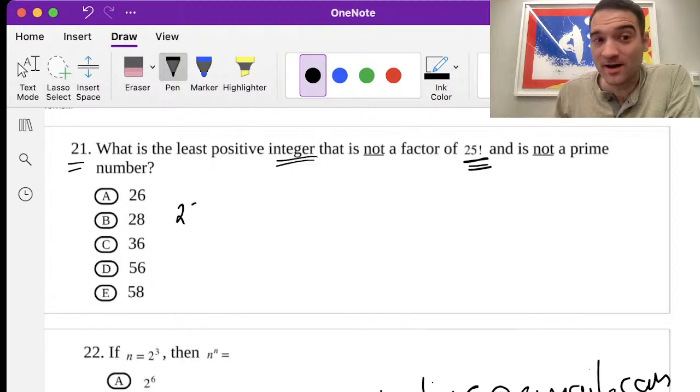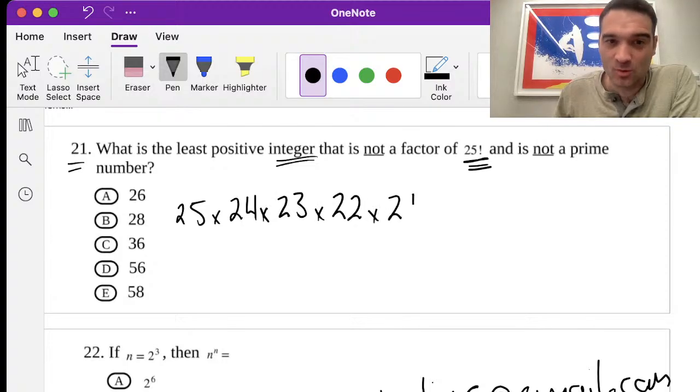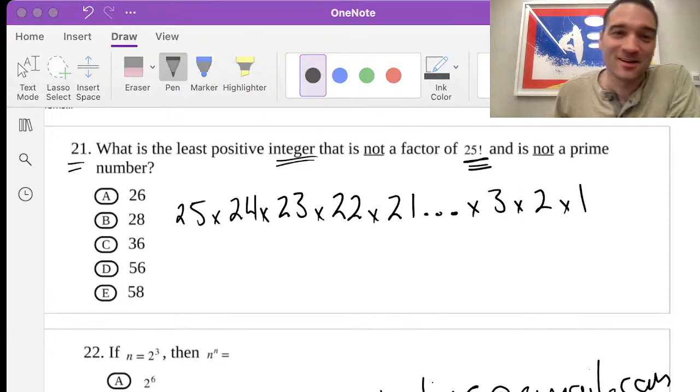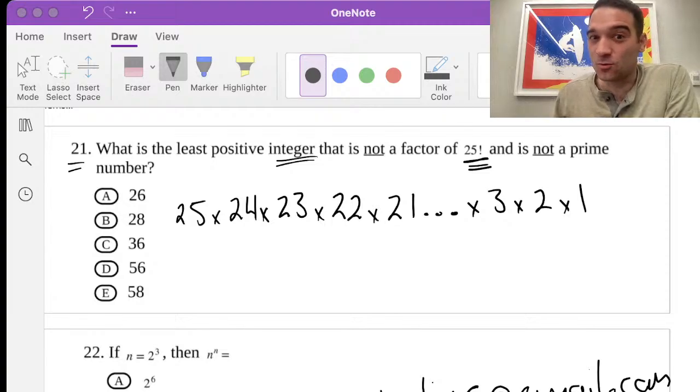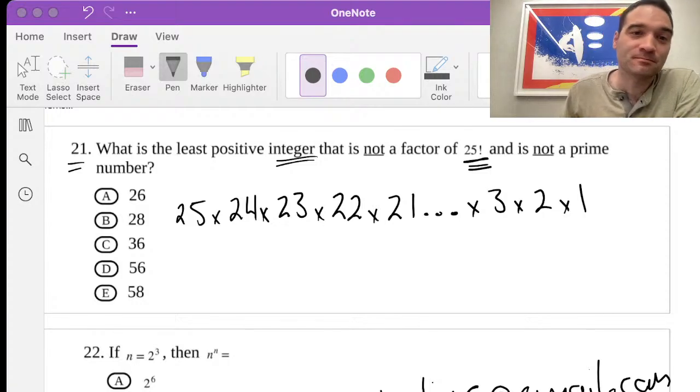So that would be 25 times 24 times 23 times 22 times 21, and on and on, all the way down to 3 times 2 times 1. I'll state the obvious: that's a big number. Huge. So big that we couldn't reasonably be expected to actually compute it.